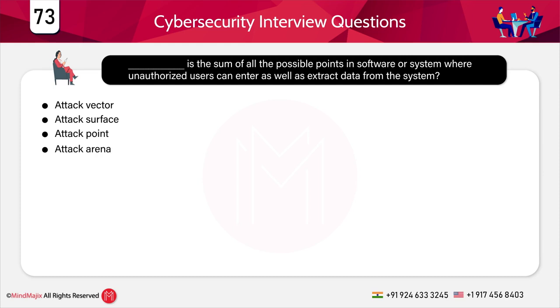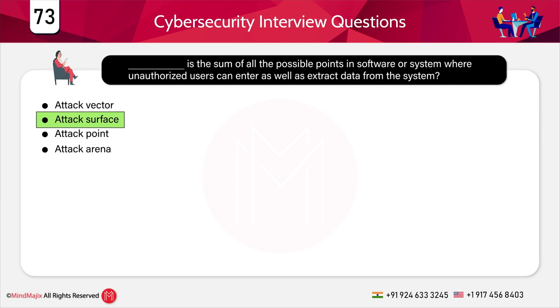Attack vectors are the points or possibilities of connecting dots which can lead to successful access, but these are not for sure because these are just points. Whereas attack surface includes all the attack vectors. It will have enumerated all the attacks possible with the points on which these attacks are possible. So the correct answer is attack surface.